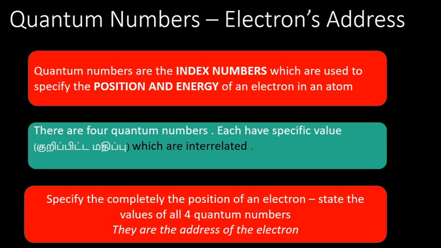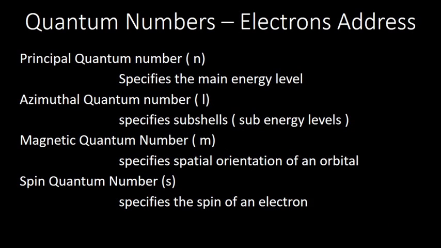Position and energy of an electron in an atom is identified by 4 numbers, and we call them quantum numbers. The 4 quantum numbers are principal quantum number, azimuthal quantum number, magnetic quantum number, and spin quantum number. Principal quantum number specifies the main energy level.